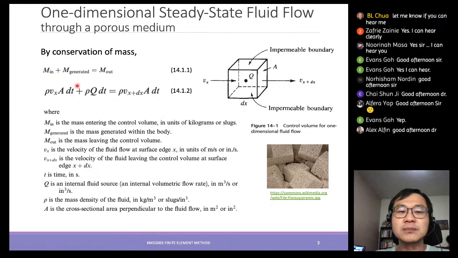So this represents the mass input to the system. Similarly, you may have rho Q, where Q is the internal fluid source, in the form of meter cube per second. So this Q represents the VA. We just assume that we have a Q, equal to whatever volume is being output there. So you have the balance.